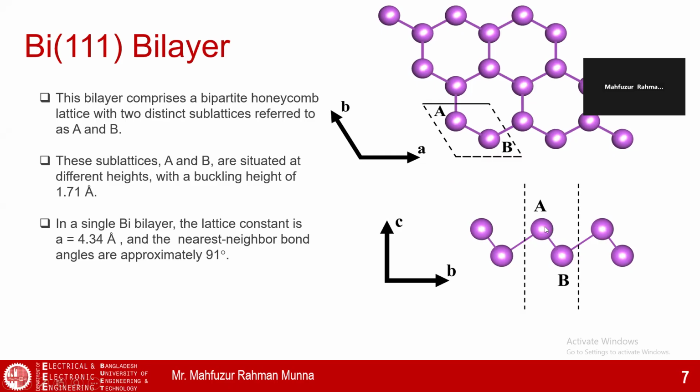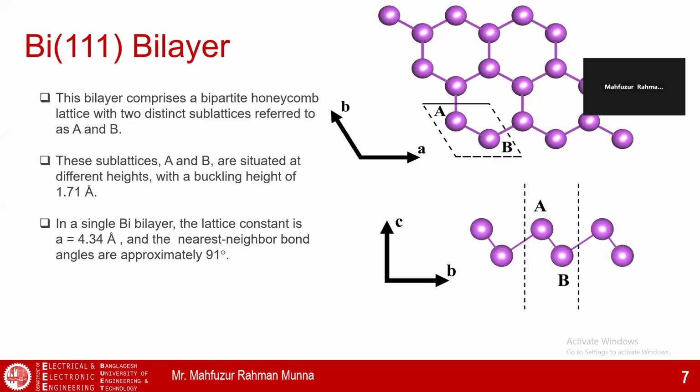The buckling height between the A and B sublattices is around 1.71 angstrom. The lattice constant for the bismuth (111) bilayer is around 4.34 angstrom, and the nearest neighbor bond angles are approximately 91 degrees. Now, for my simulation, I took the crystal data from the Materials Cloud 2D materials database.